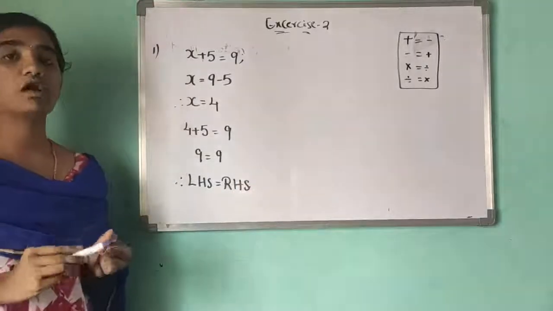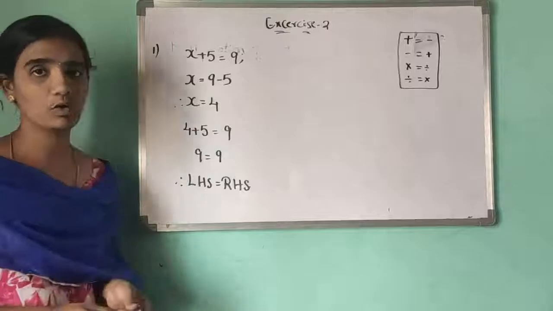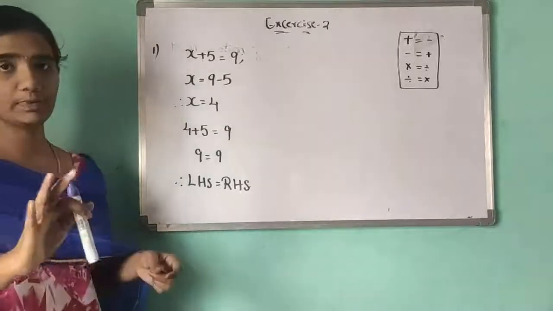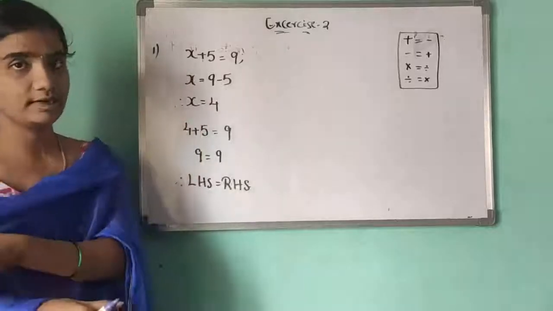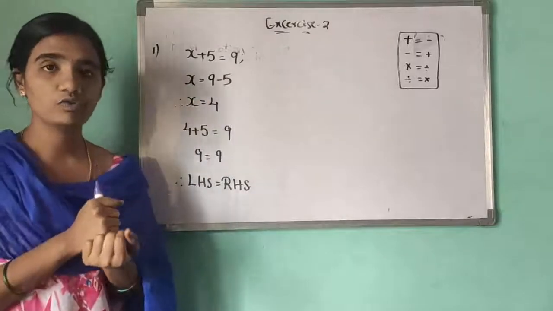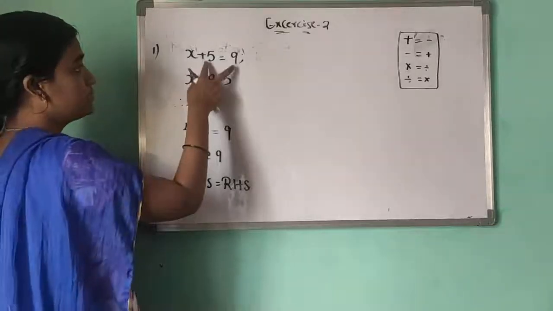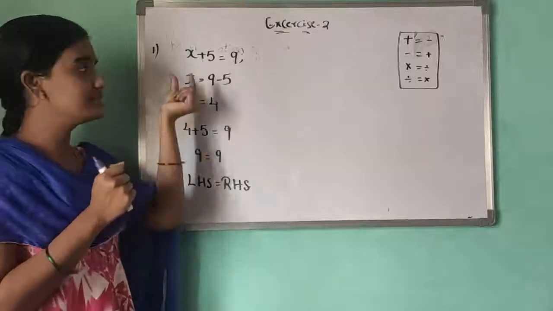Therefore LHS equal to RHS. In this way, we have to do the transposing and check the given result. Okay? I will explain clearly one more time. Here x plus 5 equal to 9 is given, right? We have to find the x value. See, these both are numbers, numeric.